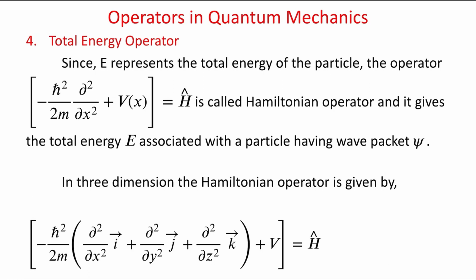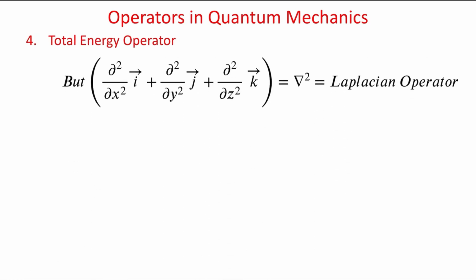In 3 dimensions, the Hamiltonian operator is given by minus h cross whole square divided by twice m, del square upon del x square i plus del square upon del y square j plus del square upon del z square k, plus V, and that is equal to H cap.